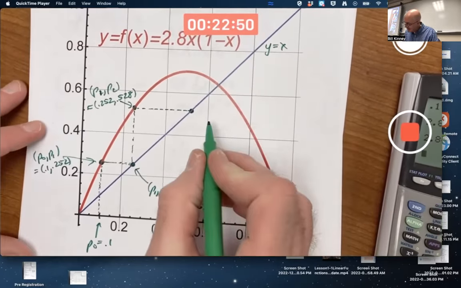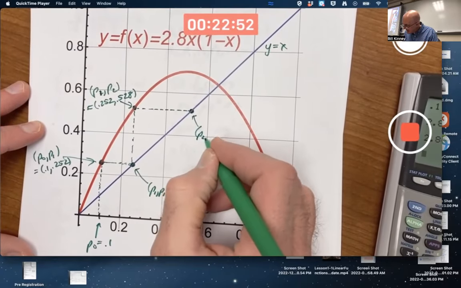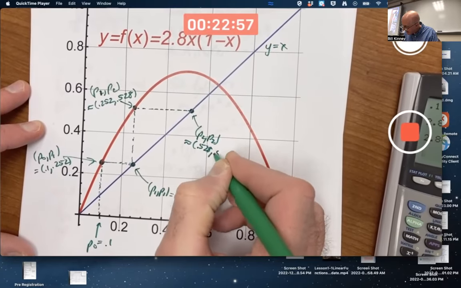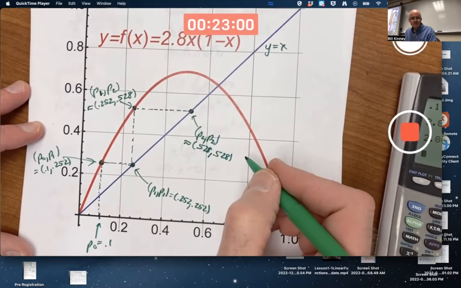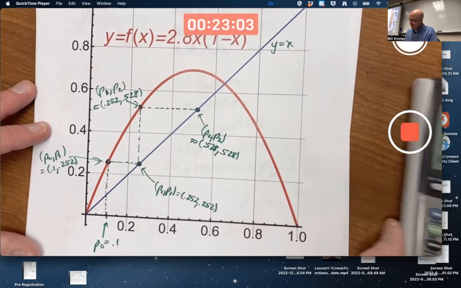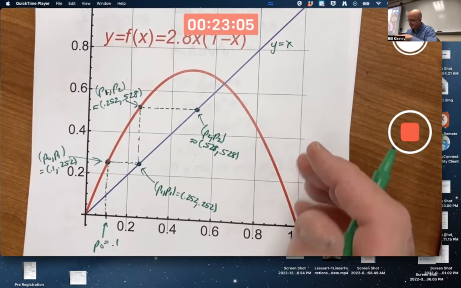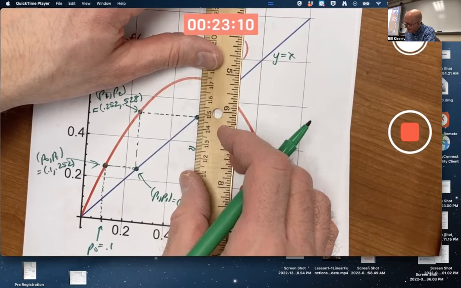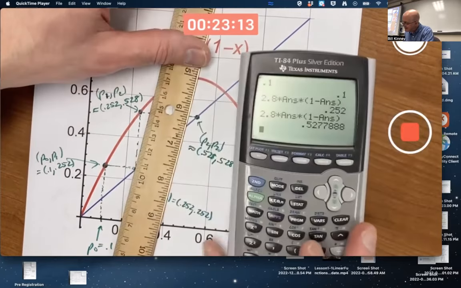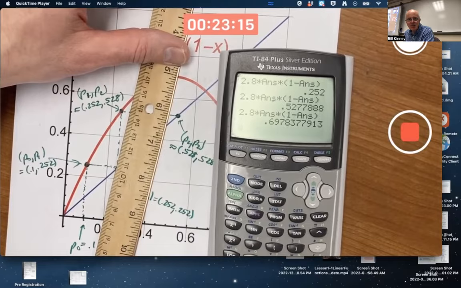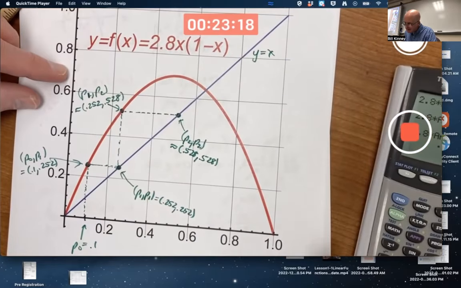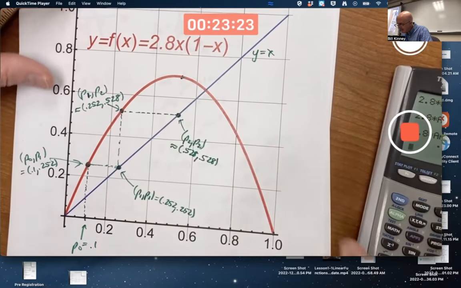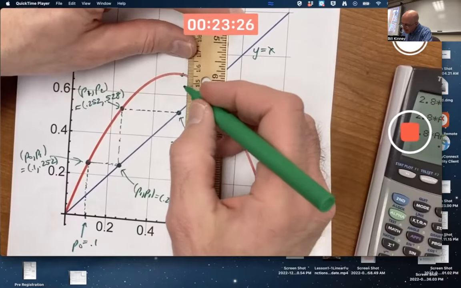That point has coordinates P2, comma P2, approximately 0.528, comma 0.528. Now go vertical. So far, the sequence is monotone, but we are about to violate the monotonicity after this point. The next value is 0.698, so we're after just under 0.7 there, somewhere right around here is where we want to go to.